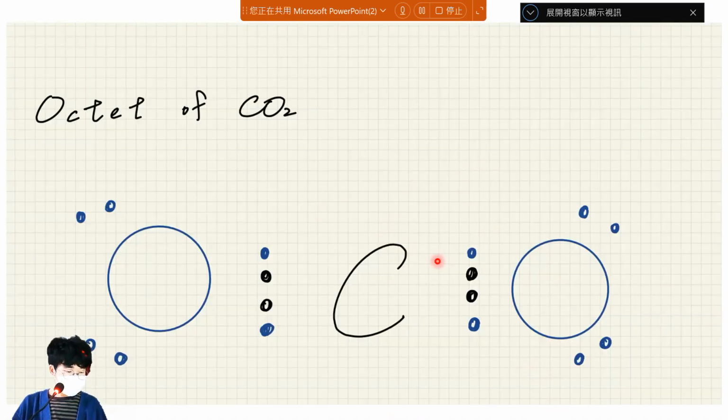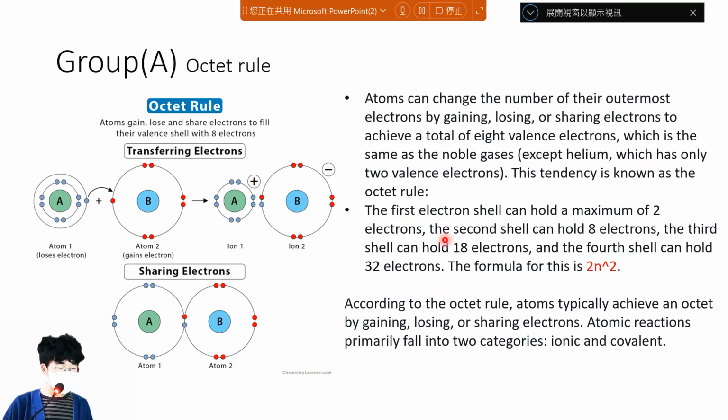Observing from this picture, we can see that both the oxygen atoms and the carbon atom have an octet configuration in the carbon dioxide molecule. Observing that noble gases were chemically inert, we can see that the octet rule was based on the tendency of atoms to assume the most stable states possible.